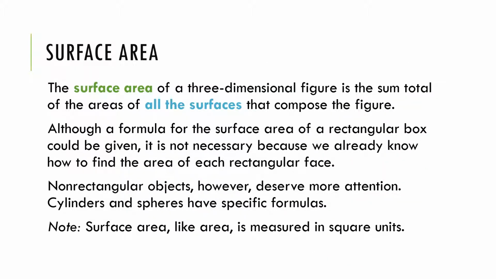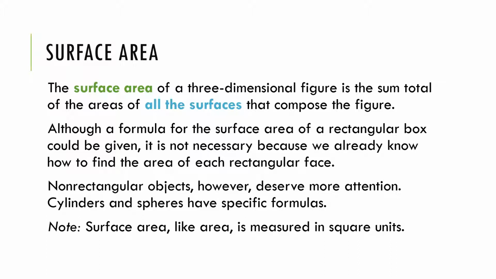The next topic we need to talk about with three-dimensional objects is surface area. The surface area of a three-dimensional figure is the sum total of all of the areas of all of the surfaces that compose the figure. Although a formula for the surface area of a rectangular box could be given, it's not necessary because we already know how to find the area of each one of the little rectangular faces of the box.